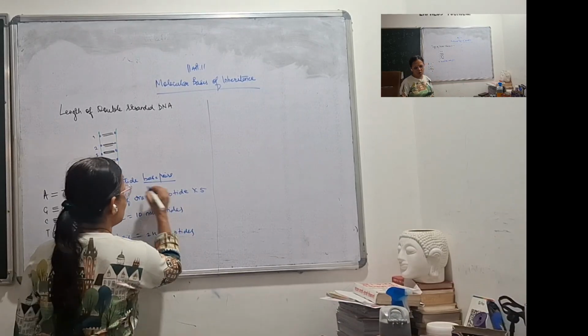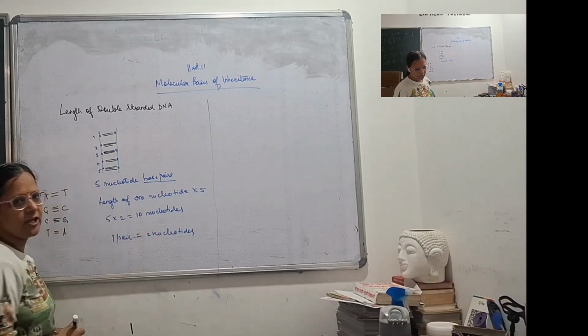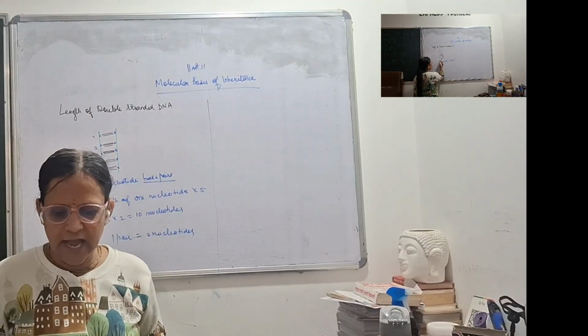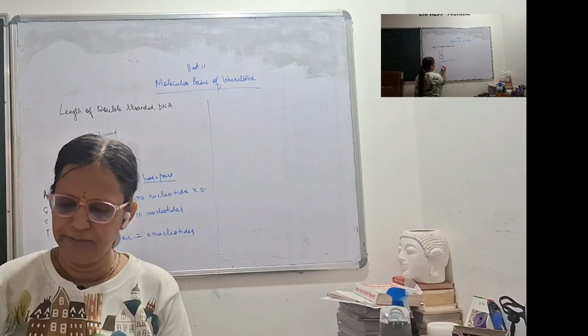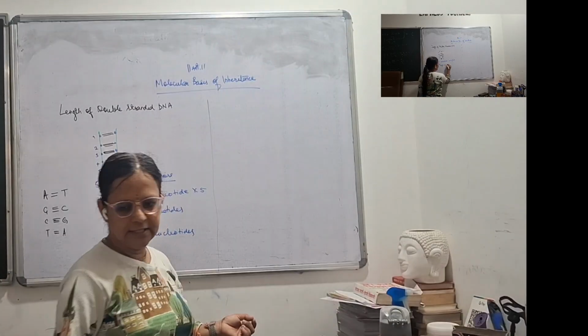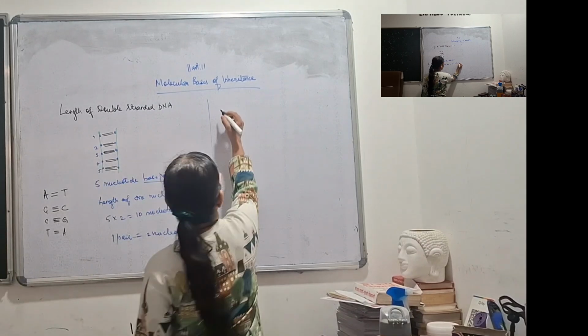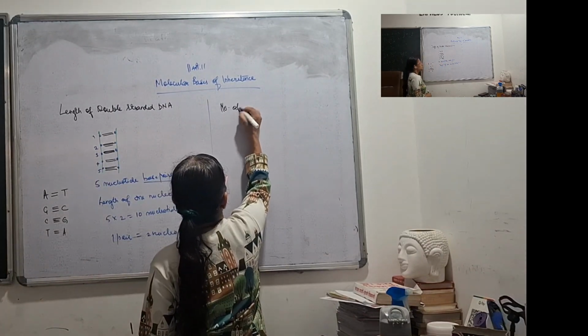So when I am having 5 pairs, that means 5 multiplied by 2, that is 10 nucleotides are there in that double stranded DNA. Is that clear?